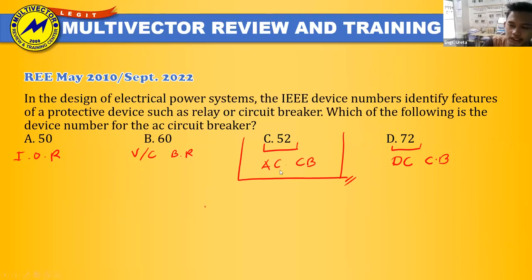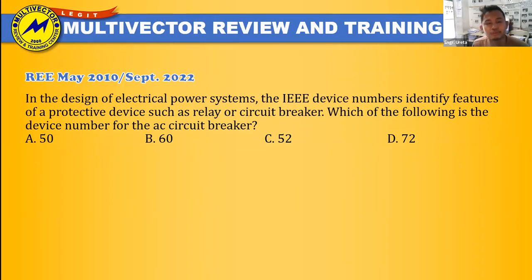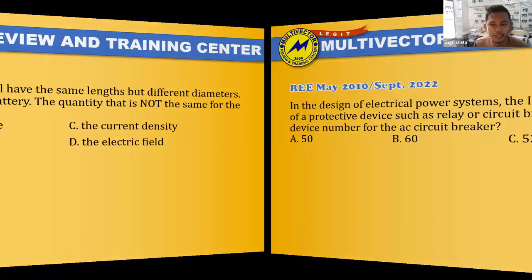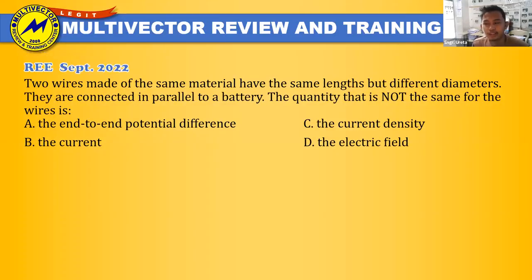Next. Next question. It came out in September 2022. Two wires are made from the same material, have the same lengths but different diameters. They are connected in parallel to the battery. The quantity that is not the same for the wires is blank.